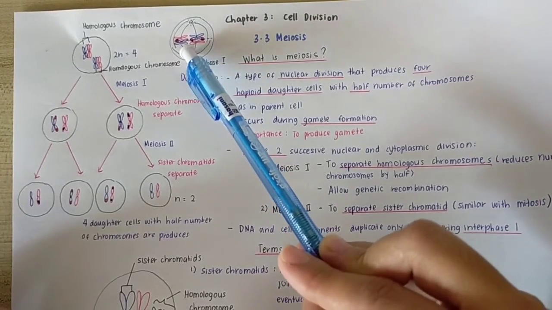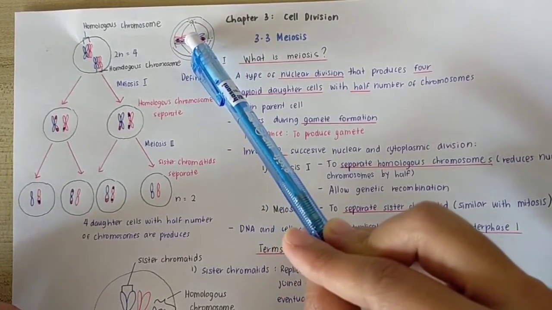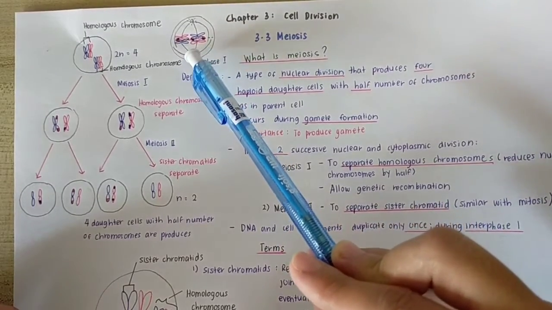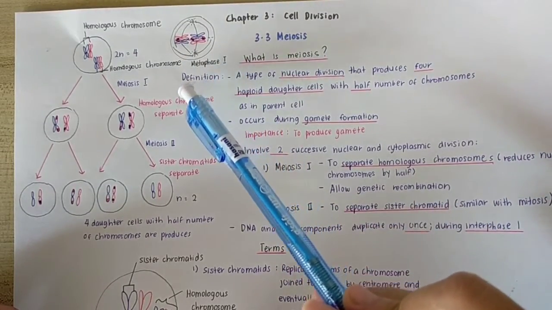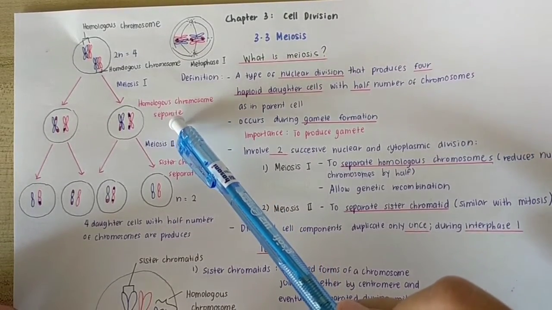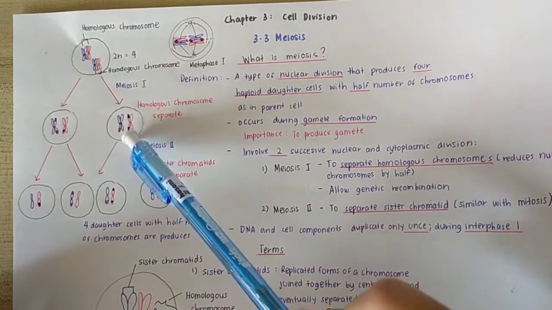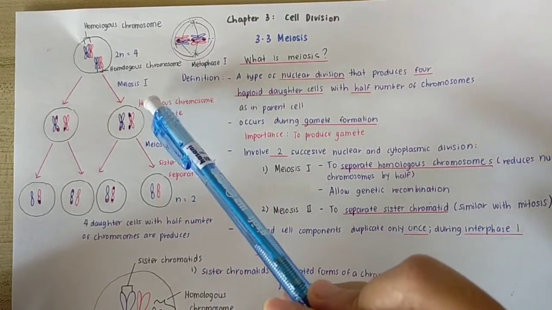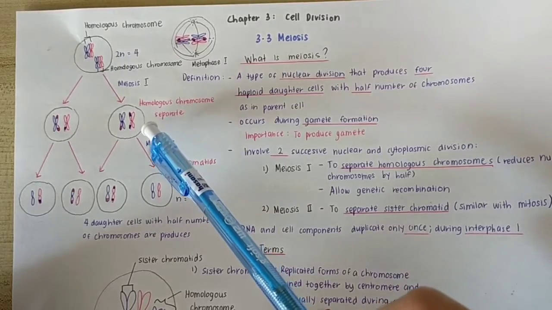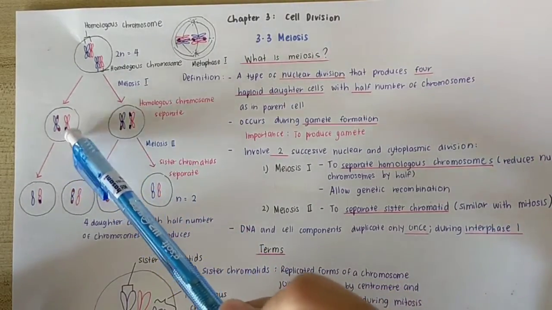Selepas sahaja berlaku metaphase 1, the homologous chromosomes will be separated and move to opposite poles during anaphase 1. The last stage in meiosis 1 is telophase 1. Bila sahaja selesai berlaku proses telophase 1, cytokinesis occurs right after.